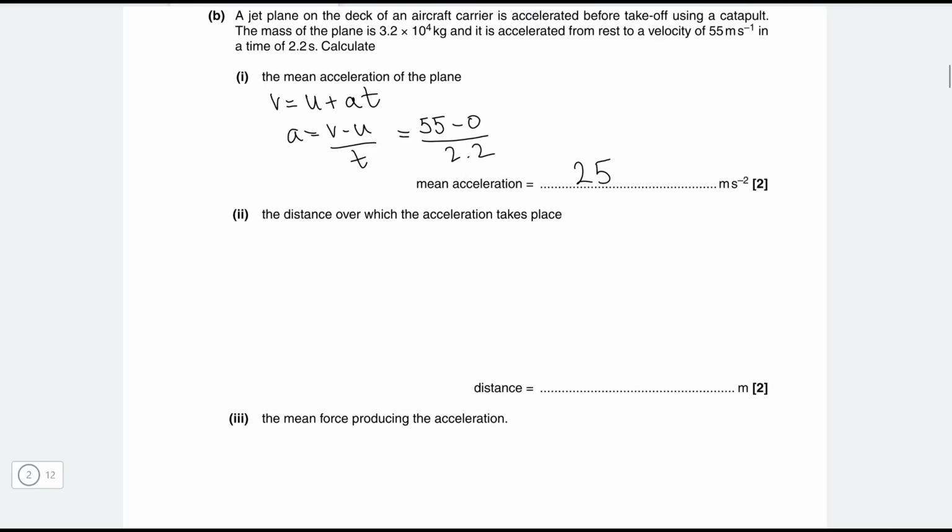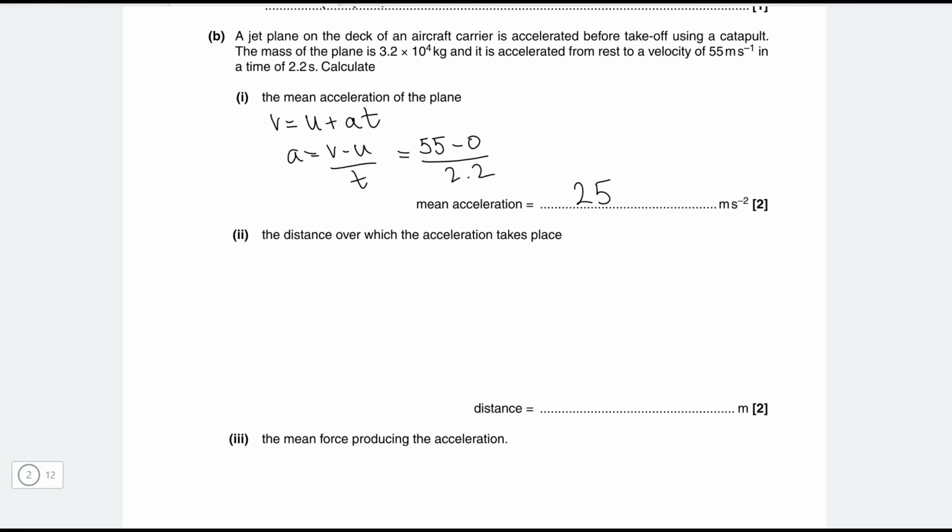Okay, next one, the distance over which the acceleration is actually taking place. So let's use the Suvat equation for distance. So s is equal to ut plus a half at squared. And in this case, u is just equal to 0, so we can essentially forget about this term.